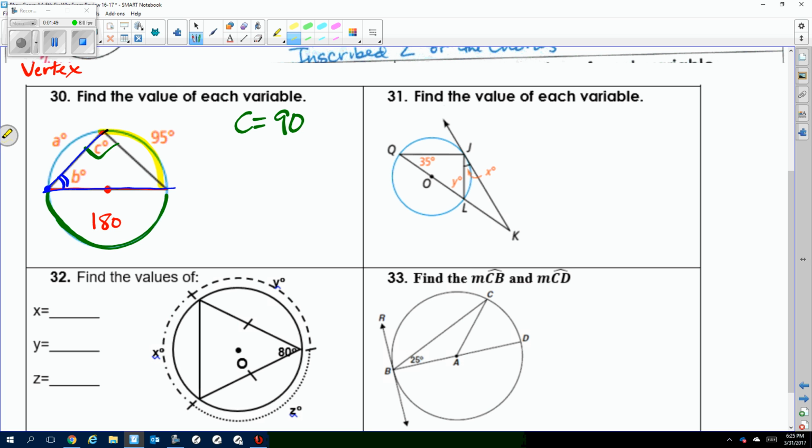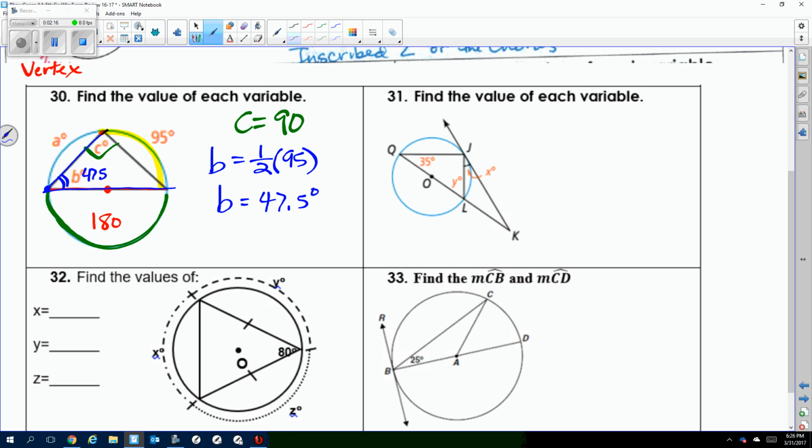So to get to the measure of angle B, B equals half the intercepted arc, which was the 95. So we're taking half of that. So B is 47.5 degrees, okay?